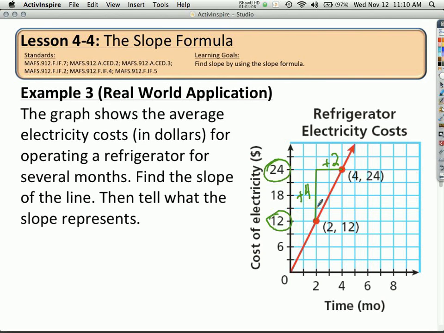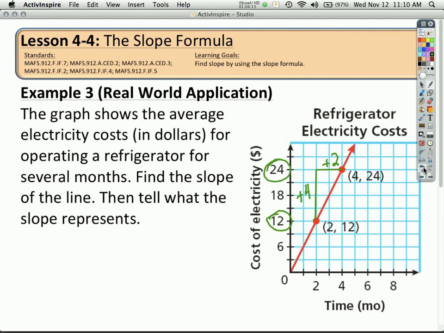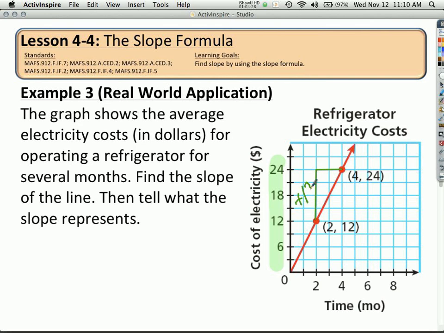That's actually 3. And going from here to here is not 2. That's actually 6. So you have to pay attention to the scale that's given to you before you start counting. So now you count 3, 6, 9, 12. That's up 12. This is going by 1, so 1, 2. So now it's rise over run, 12 over 2.